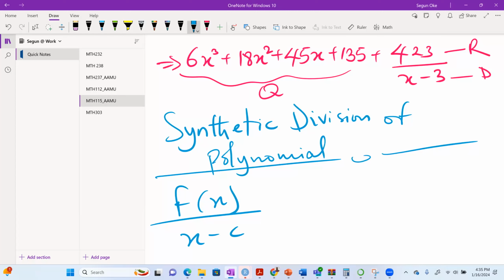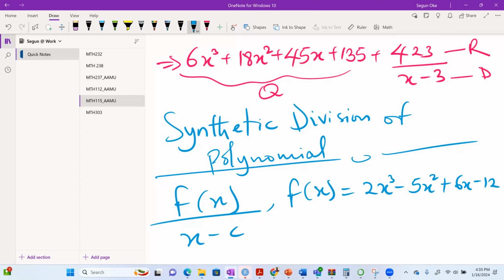But in this case, how do we solve the problem? For example, if I have a question of this nature, let me just give you this: f(x) equals 2x cubed minus 5x squared plus 6x minus 12.